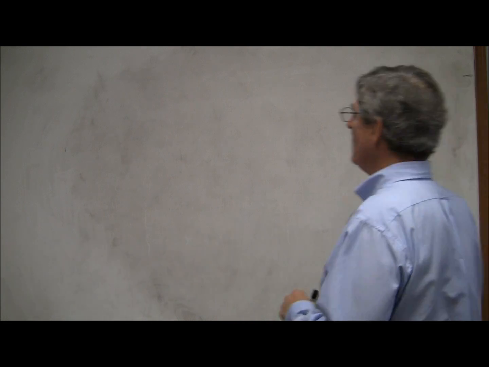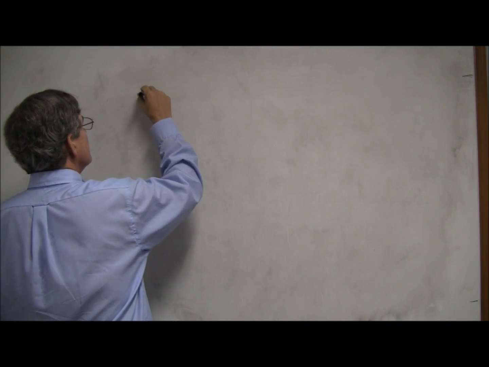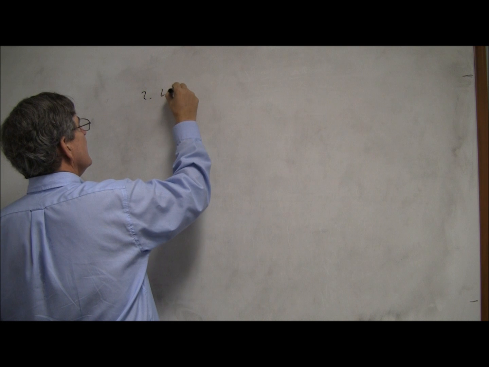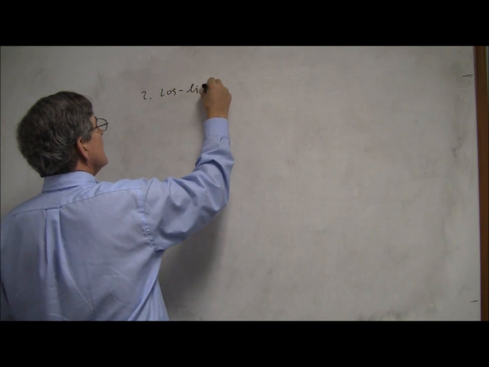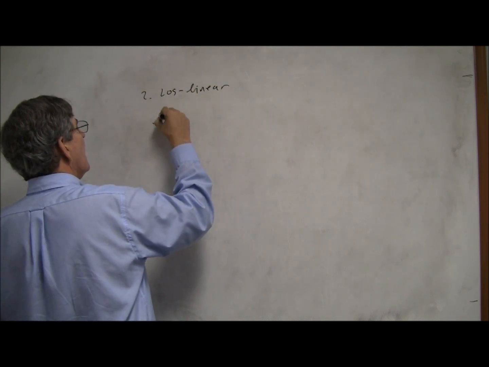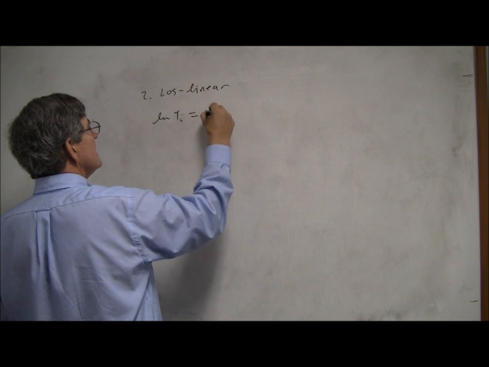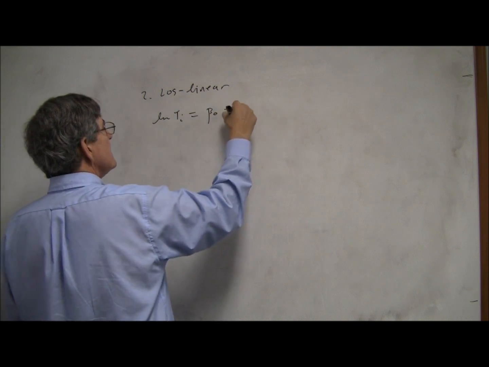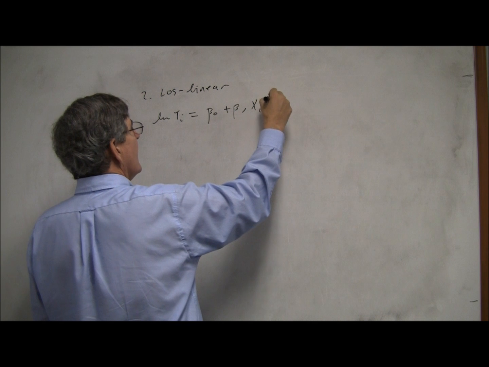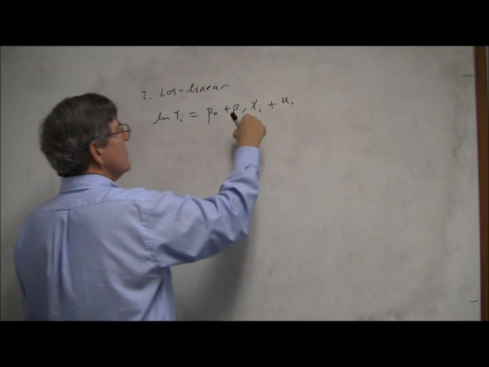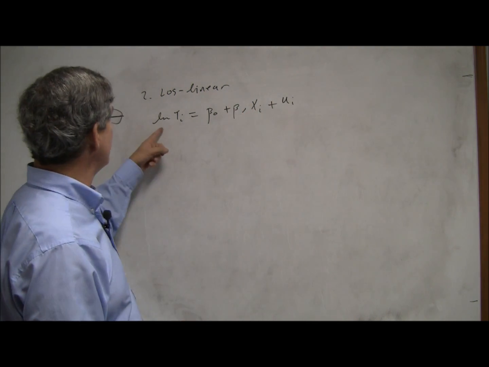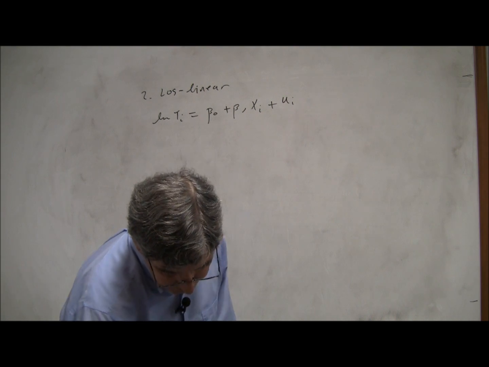Okay, the second case is log linear. So that's the model where, so this is model 2, log linear. And that's where the log of yi is beta 0 plus beta 1 xi plus ui. No log there anymore. The log's over here now.